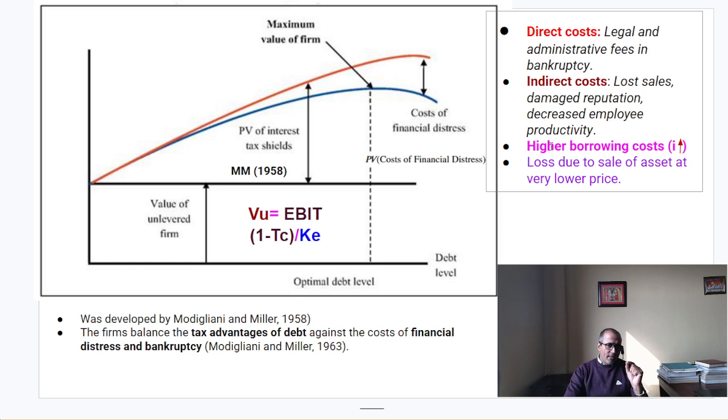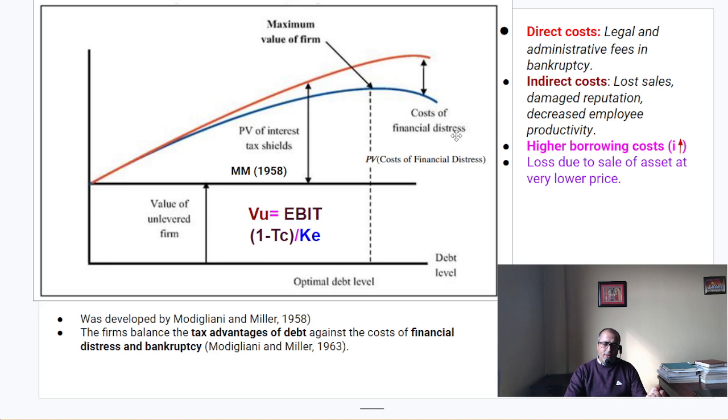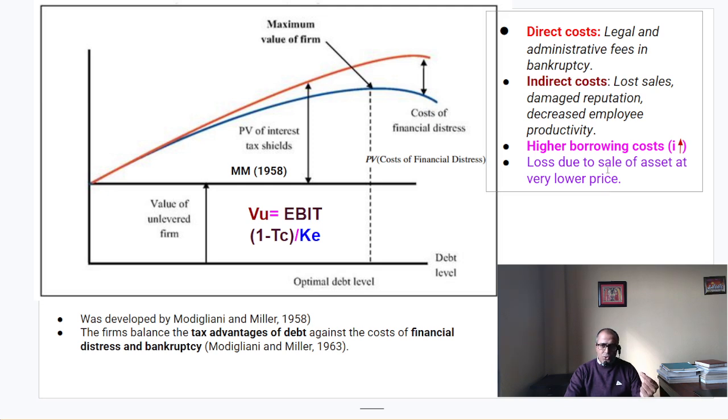An important next point is higher borrowing cost, that is, the interest rate will go up, and because of that the company will be unable to meet its financing cost. So that causes high financing cost, and sometimes we see bankruptcy cost and loss due to sale of assets at a very low price. That means when your business is not performing well, we have to sell our business even at a low value.